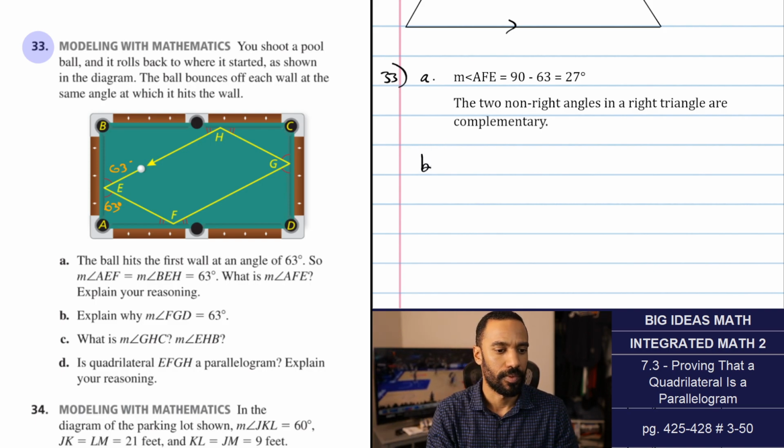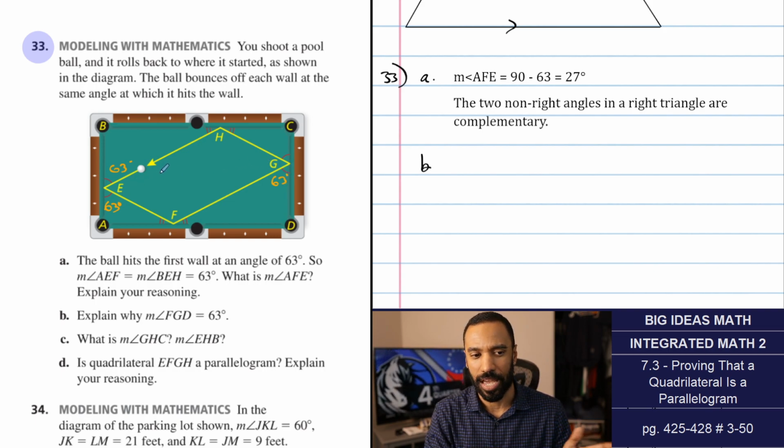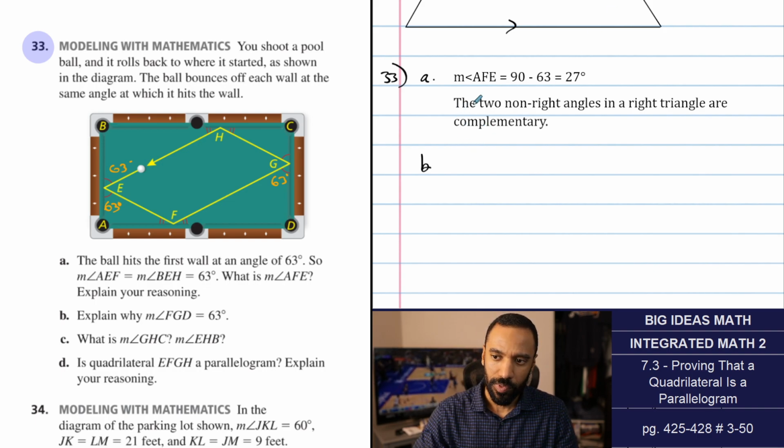Part B. Explain why measure of angle FGD is 63 degrees. FGD. Where's D? Oh, there it is. 63 degrees. See, there's a parallelogram. This can kind of get more to the parallelogram concept. Why is that 63 degrees?